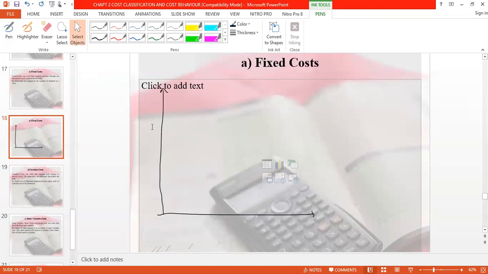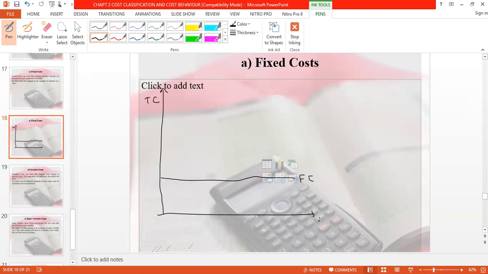So we have said fixed costs will look like this. This is an example of a fixed cost. So in this case, we'll have total cost, and in this case, we will have what?